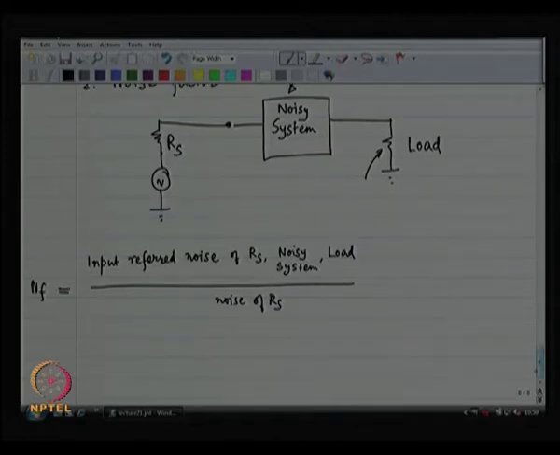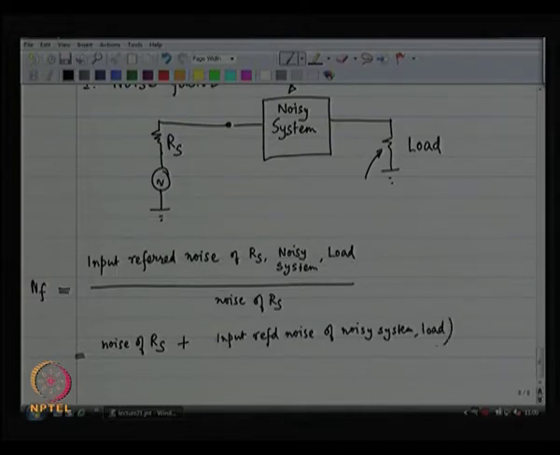All right. So, clearly the input referred noise of RS, noisy system and load is going to be equal to noise of RS plus input referred noise of noisy system and load, right.